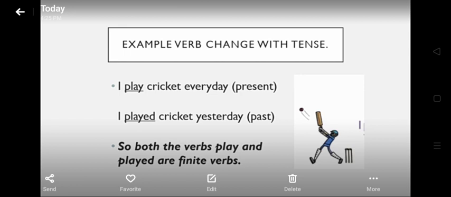The first sentence is in the present tense. I play cricket every day shows us the present time. But in the second example, I played cricket yesterday, we come to know that the action was performed in the past. So both the verbs, play and played, undergo change depending on the tense of the sentence. So the verbs play and played are finite verbs.